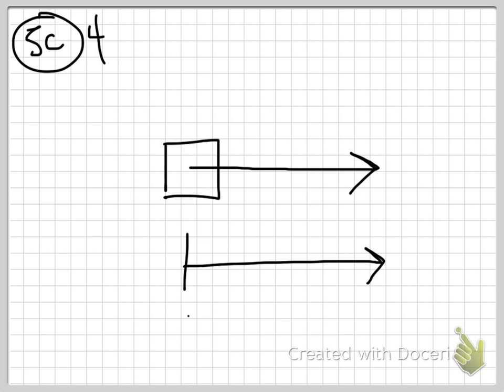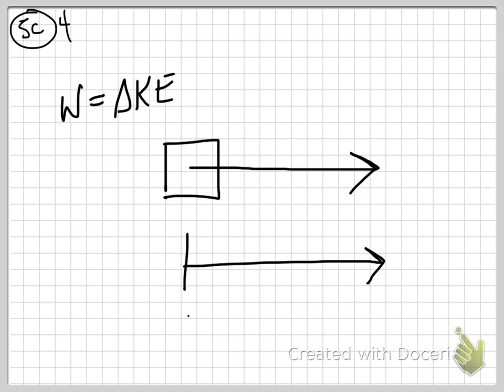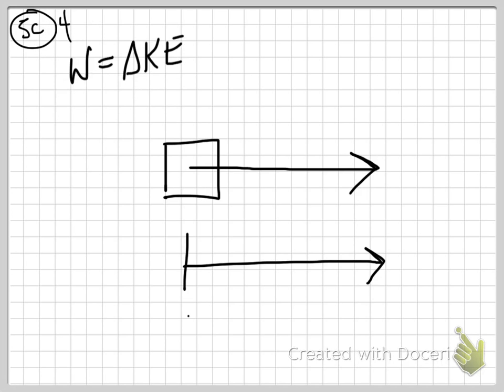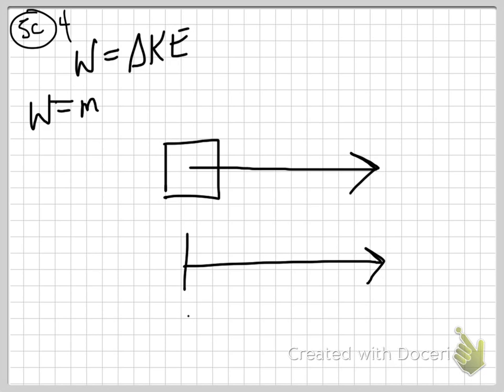So what we know is that the work done is equal to the delta KE. So the work done is equal to final minus initial, and we'll just shortcut that and say it's equal to 1/2 mvf squared minus 1/2 mvi squared.